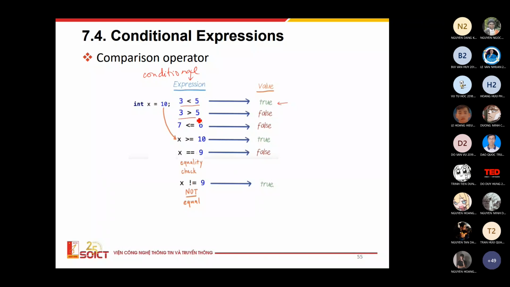You use this operator to check the condition. For example, the double equal operator means you want to check the equality. And the exclamation mark with the equal operator means you want to check if it's not equal.